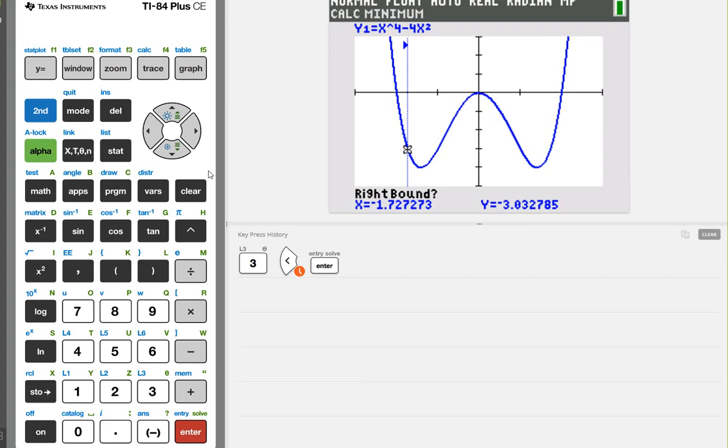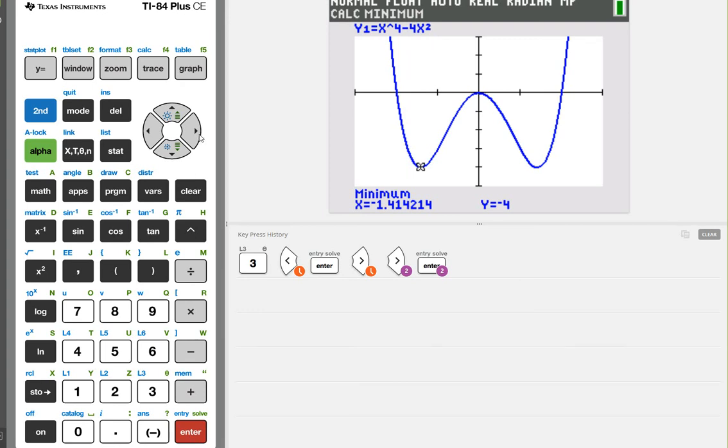And now it wants someplace to the right. So, okay, let's go to the right of that and press enter. It's going to look for a minimum in that interval. And kind of like what we did with our previous one, where we're trying to find points of intersection, it wants an initial guess. Just press enter, make the calculator work for its money. So there you go. There's its minimum.